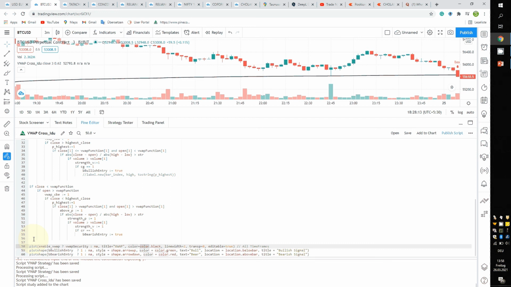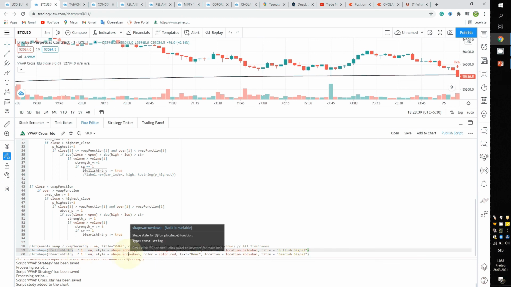Now we want to plot our signals, a bearish entry or a bullish entry. If bearish entry is true or bullish entry is true, then it will plot it, otherwise it won't plot anything. So as soon as the bearish entry is true, it will plot the bearish entry. But what exactly will it plot?